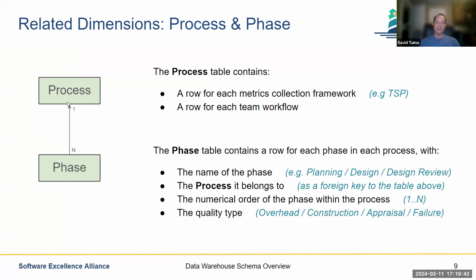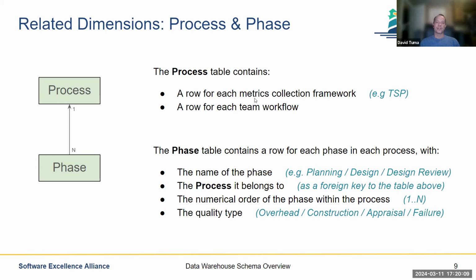So we have a dimension for all of the processes that are known to the warehouse. It's represented in a database table, and that database table contains a row for each metrics collection framework, like say TSP or PSP, we're familiar with the metrics collection framework concept.